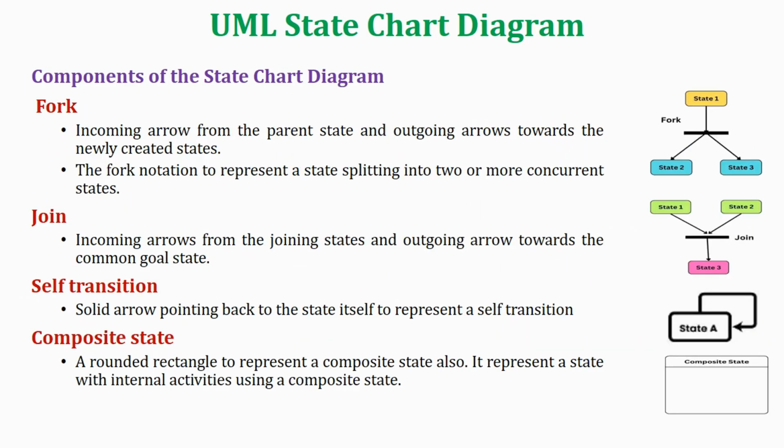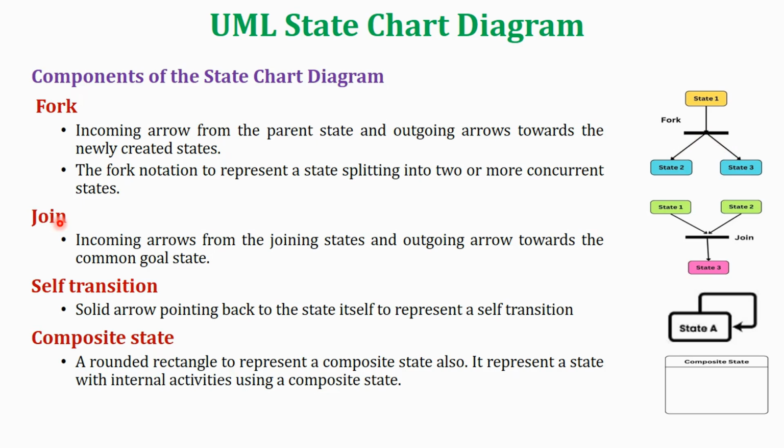The next component, fork: the incoming arrow from the parent state and outgoing arrows towards the newly created states. The fork notation represents the state splitting into two or more concurrent states. See here, a single input is split into two or more outputs.